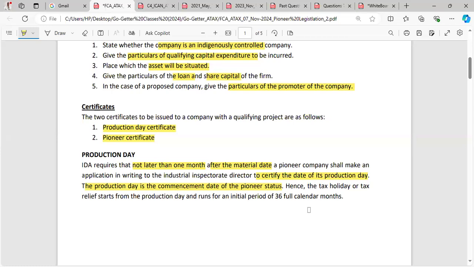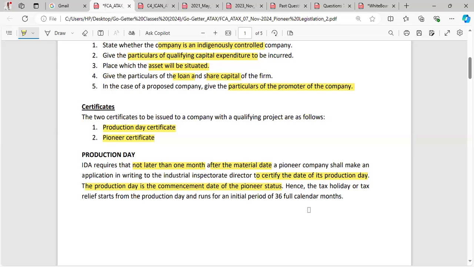So the tax holiday that comes from being a pioneer status. When you apply for this pioneer status, the thing that makes it a tax relief incentive is that you are given a tax holiday. A tax holiday means you pay no tax.